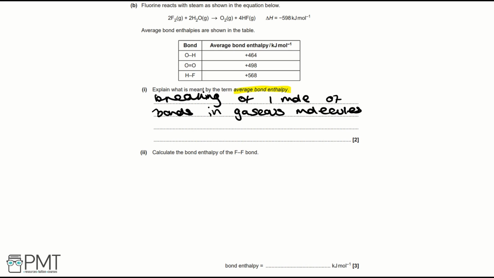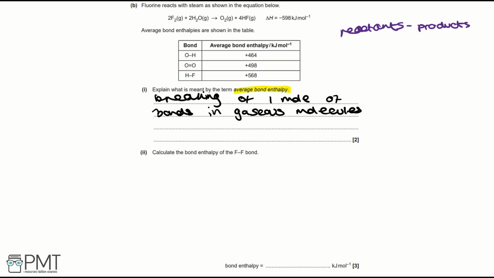Part 2. Calculate the bond enthalpy of the FF bond. Okay, in this type of question, we're going to use the expression reactants minus products. So imagine the arrow for the equation as a minus sign. That's always a good way of remembering this equation.